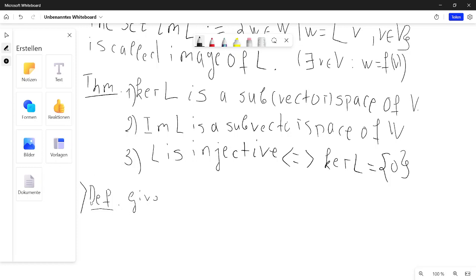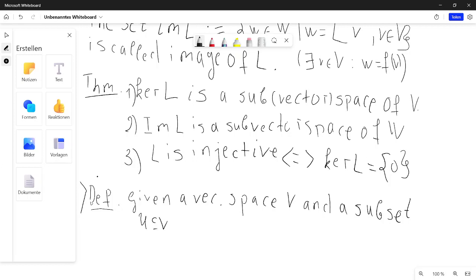Given a vector space V and a subset U of V, we call U a sub-vector space, or for short subspace, of V if U is itself a vector space.